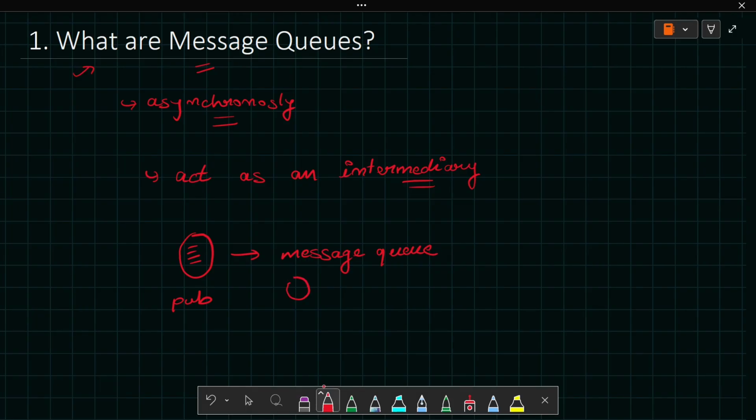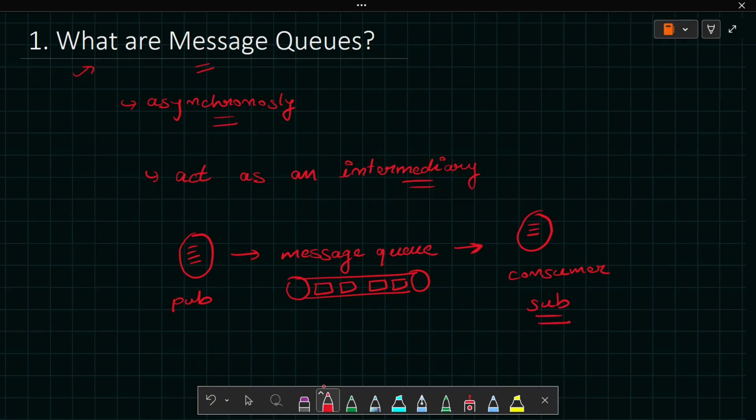It is going to store the messages in a queue format, and then when required by the subscriber or the receiver, here the receiver is the consumer actually. So when needed by the consumer, here we have the consumer or the subscriber.